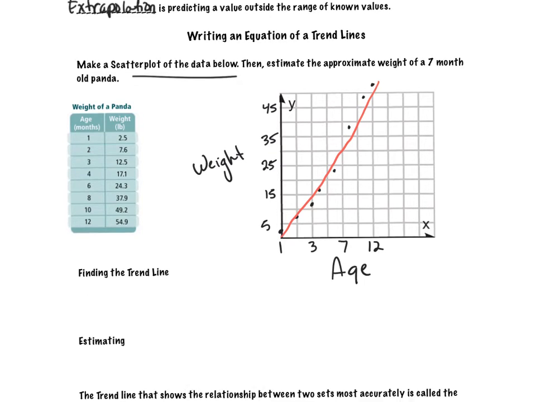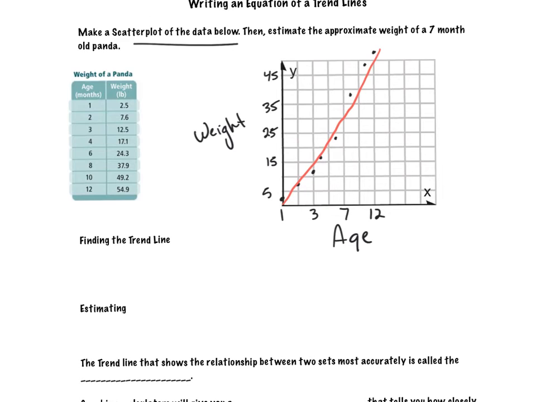So if I look at this, what I'm going to use is my data points as 2 ordered pairs, right? And so I can use the first and the last one as my ordered pairs, and I want to find my slope, right?